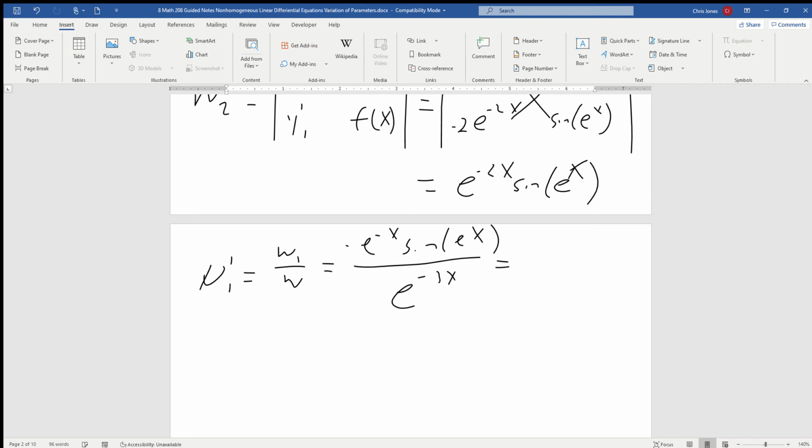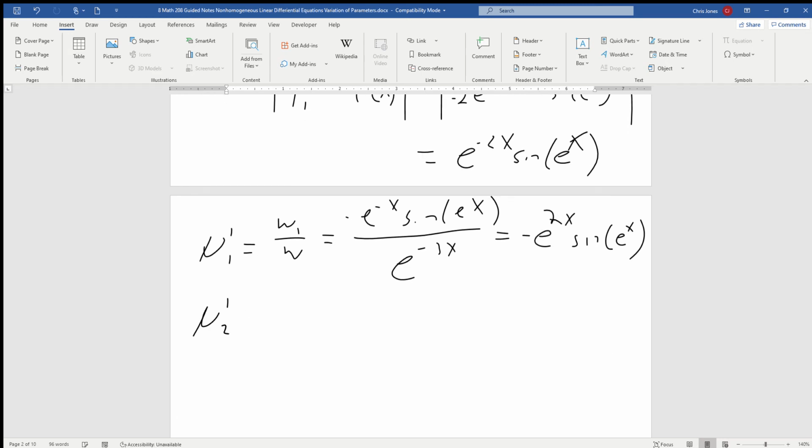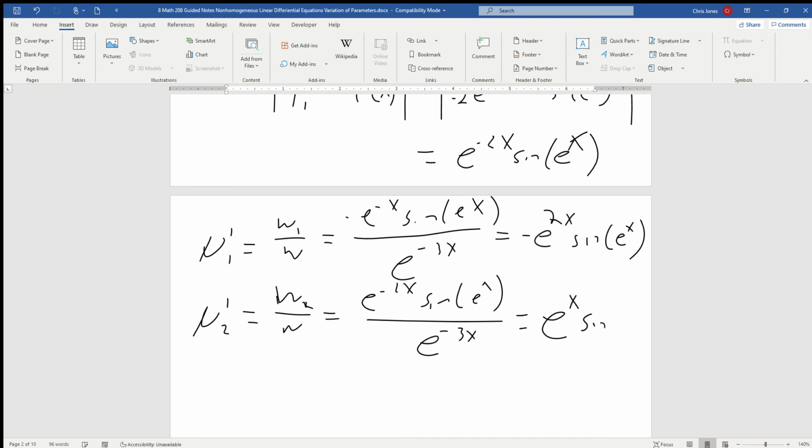When we divide that out, that becomes negative e to the 2x sine e to the x, since we just subtract the exponents: negative x minus a minus 3x is 2x. U prime 2, which we're going to like a little bit better, is W2 divided by W. That's e to the minus 2x sine e to the x divided by e to the minus 3x, and this time we just end up with e to the x sine e to the x.